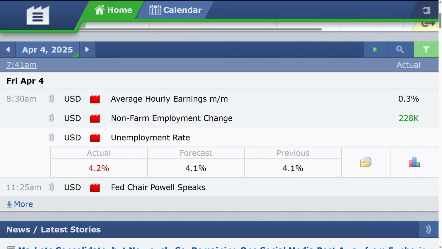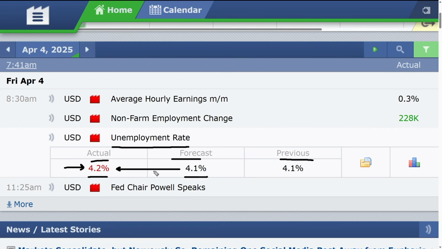The next thing we'll be taking a look at is the unemployment rate, which is simply the rate of unemployment within the population looking to get jobs. So what you can see here is that we have an actual, forecast, and previous once more, and we have a 4.2% actual number that came out compared to 4.1%. What you'll notice is that this number actually came in higher than expected, and you can see that Forex Factory, which is the website that we're on, forexfactory.com, came in red.